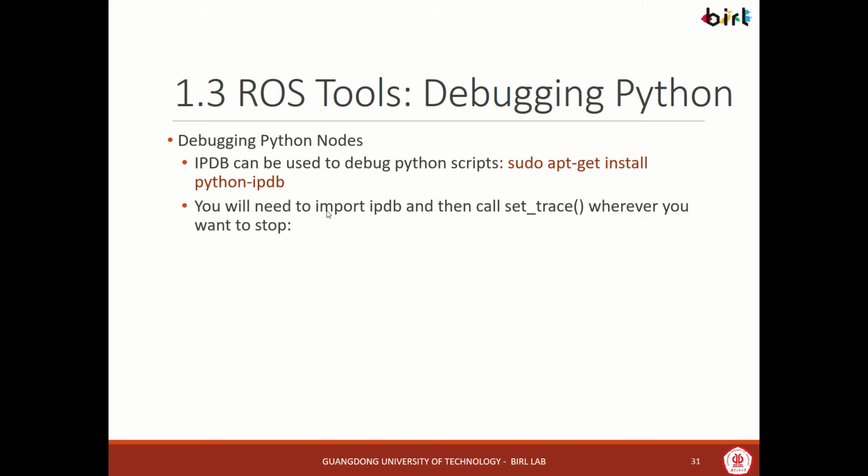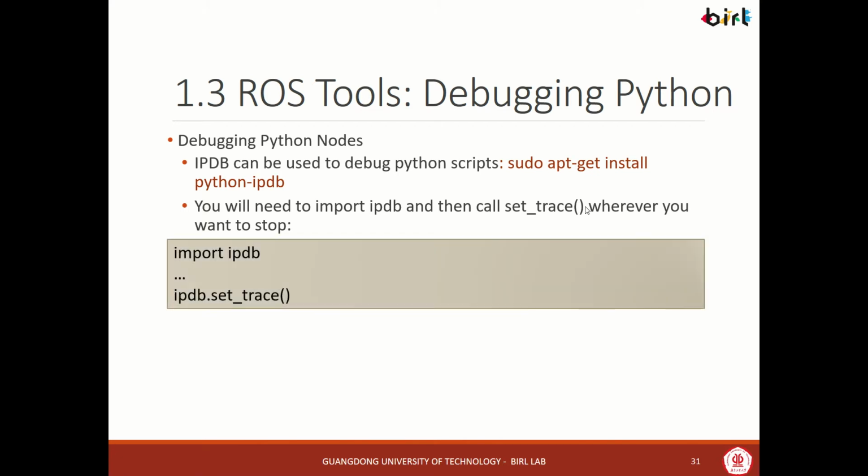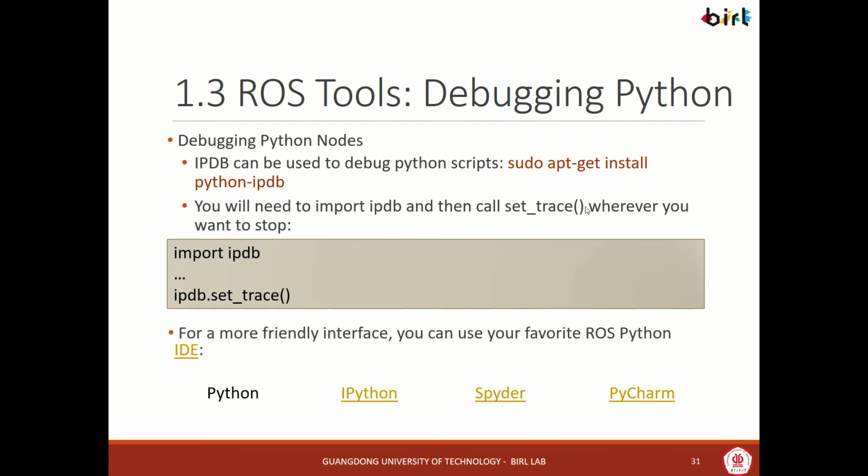And then when you have a particular Python code, you can say import IPDB, and then in a given line, you can say IPDB.set_trace wherever you want to stop, and it'll work very similarly to GDB as I just showed you. Also for Python, you can use a standard Python editor or the more rich IPython, and other IDEs like Spyder or PyCharm.